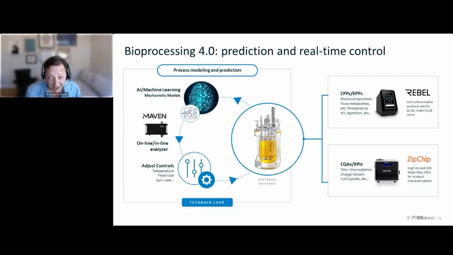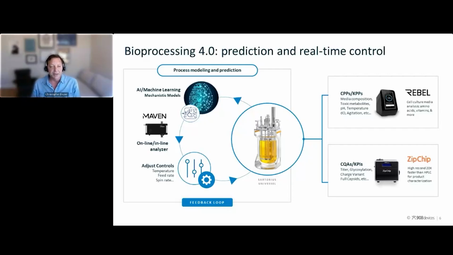The Rebel is an at-line system that's really built for the cell biologist and PD scientist. It's focused more on critical process parameters, in particular amino acids, some vitamins, dipeptides, for example. And then in the ecosystem of more online connectivity, we recently released the Maven at the start of this year.